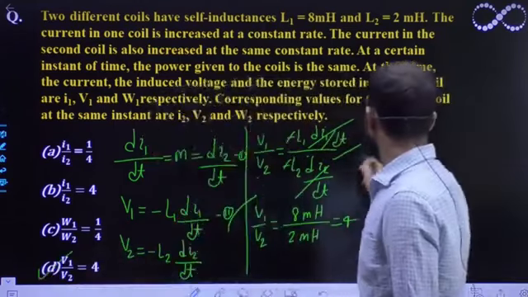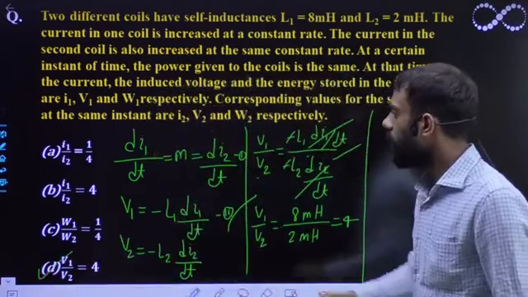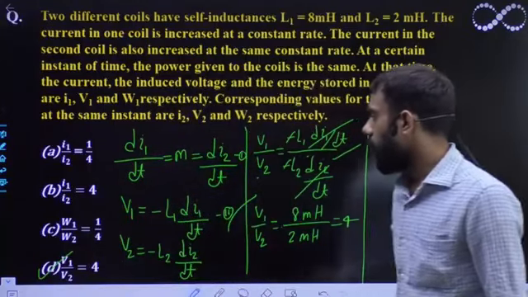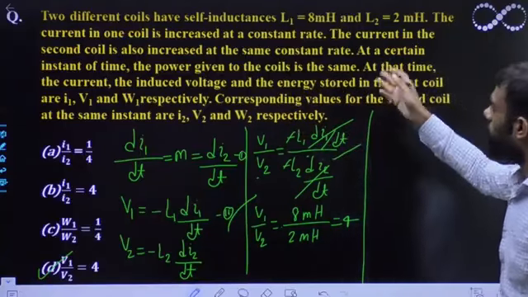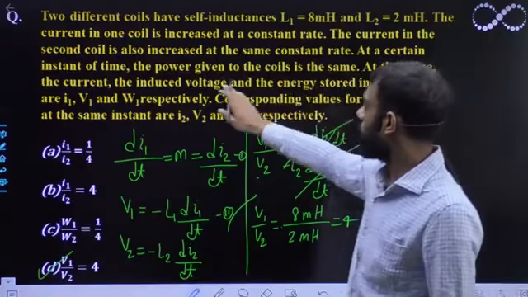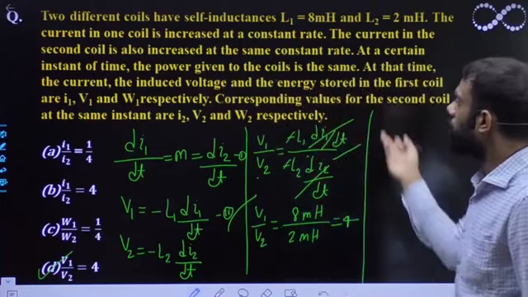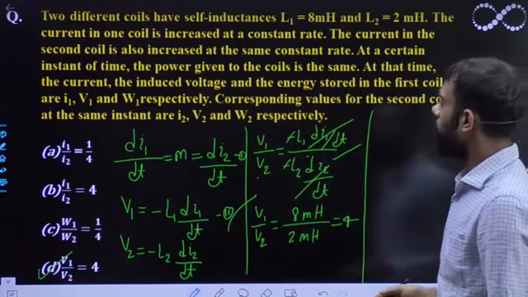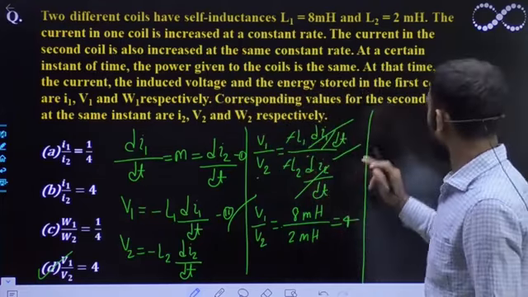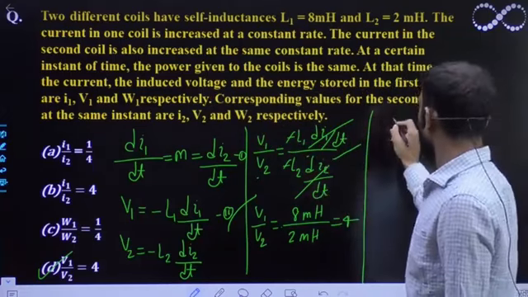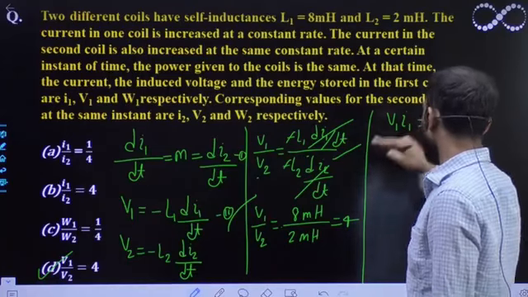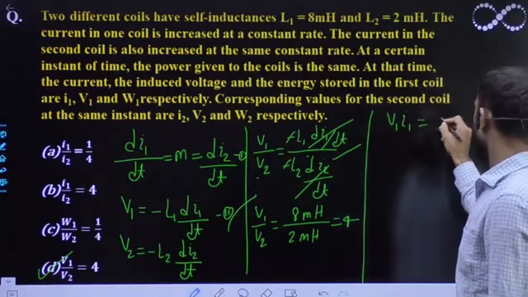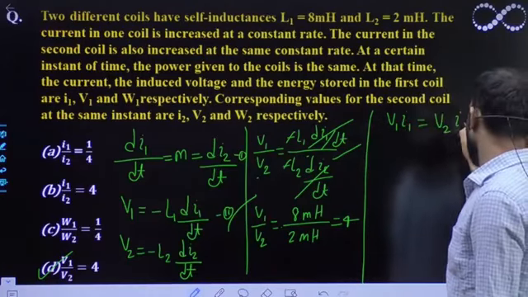Okay, let us see, three more options are there: I1 upon I2 and W1 upon W2. Let us proceed to the next part. It is saying that at a certain instant of time the power given to both the coils is also the same. So let us equate the power here. Power will be E into I. So I can say V1 into I1 is the power of the first coil, and the power of the second coil will be V2 into I2.